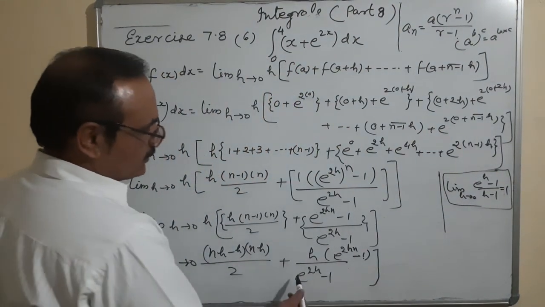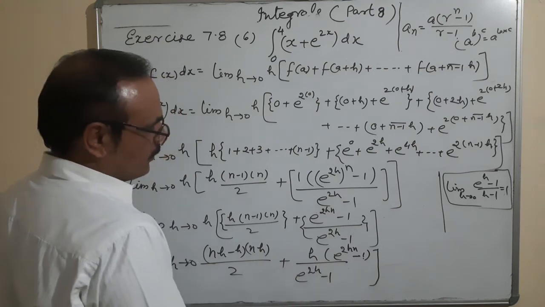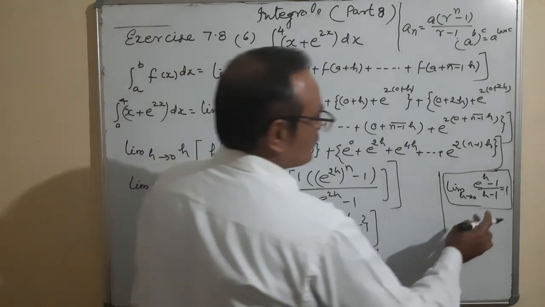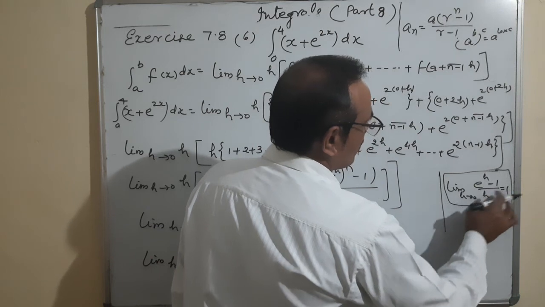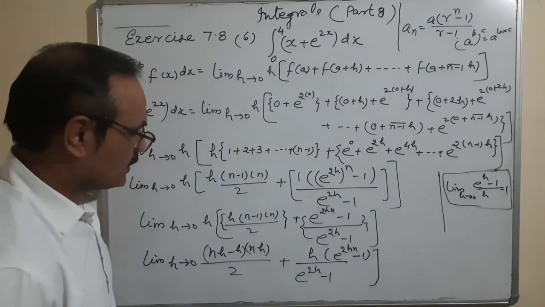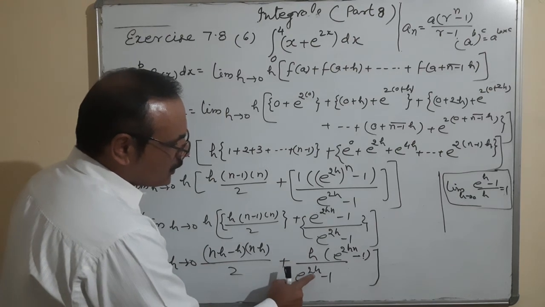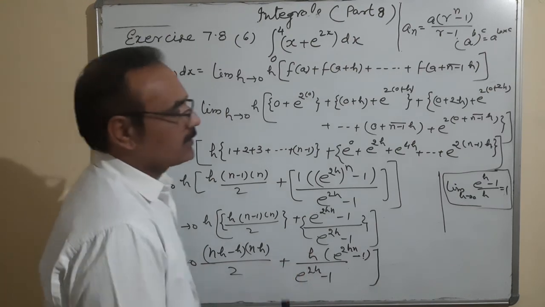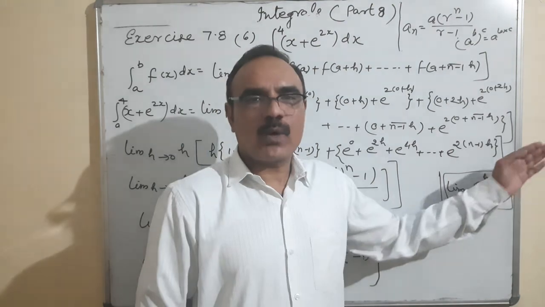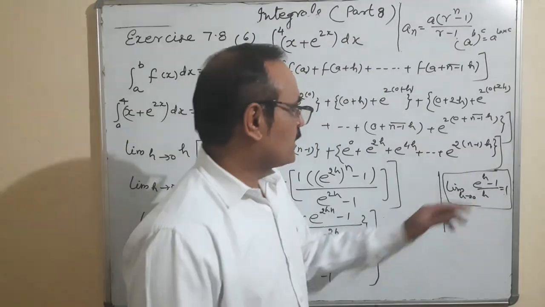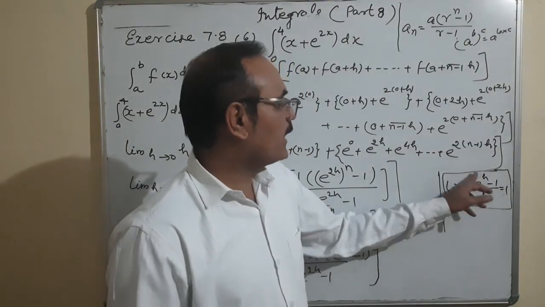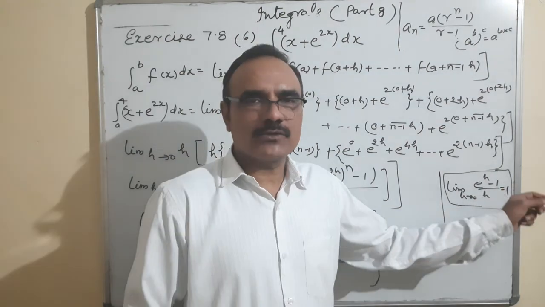If you reciprocate this term, then 1 upon 1, the result is 1. So that means limit h tends to 0, h upon e to the power h minus 1 is also 1.